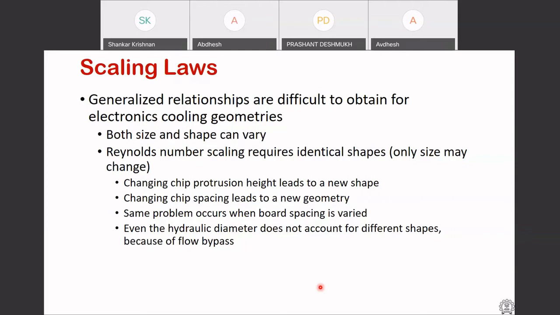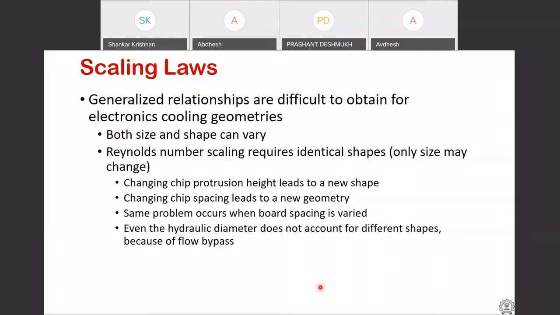This is because both the size and shape of the geometry are changing. As I discussed previously, if I were to use Reynolds number for similarity and exploit it, it requires the geometric scaling to be the same. I have a 6 millimeter tube, and I calculate a Reynolds number and calculate its friction factor and Nusselt number.